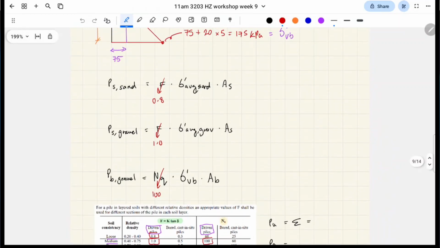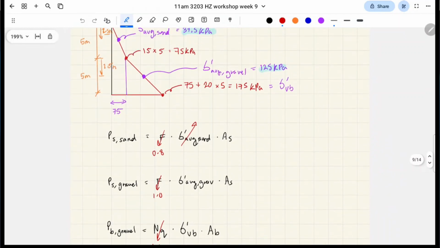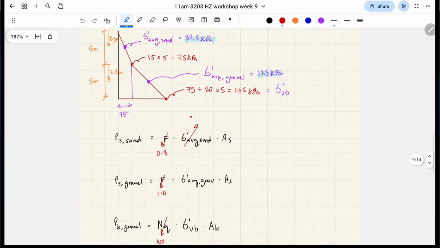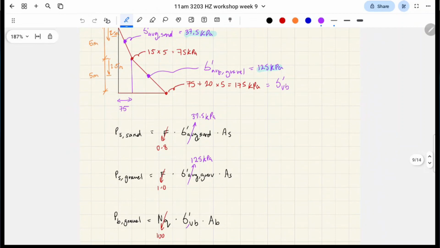Since we pre-baked the average stress above, we're going to plug in 37.5 kPa. We have 125 kPa for the shaft in gravel, and then lastly 175 kPa for the base.